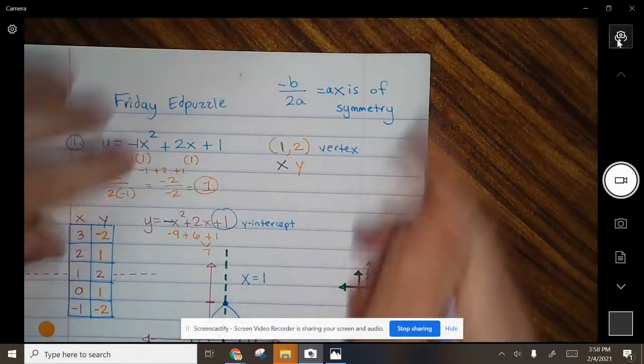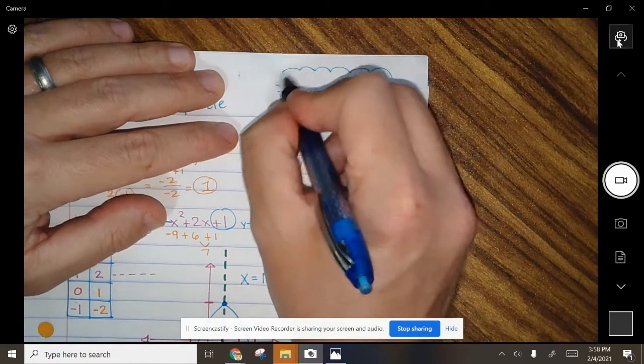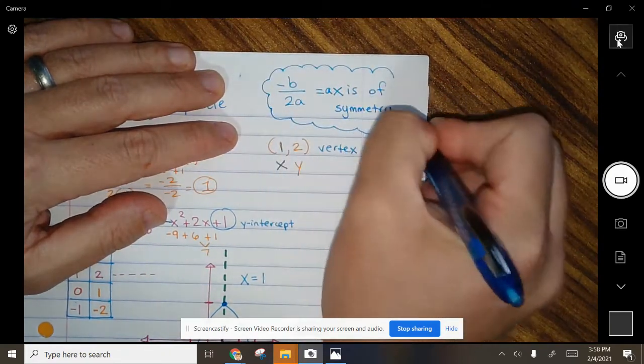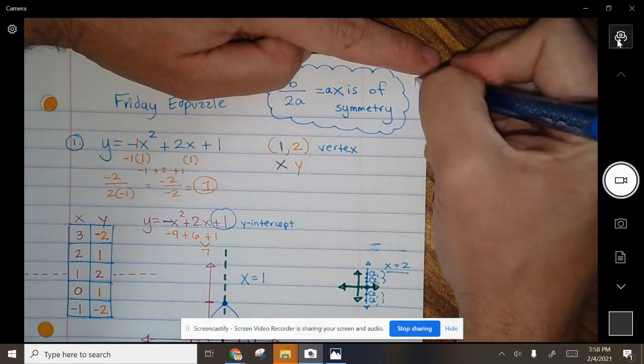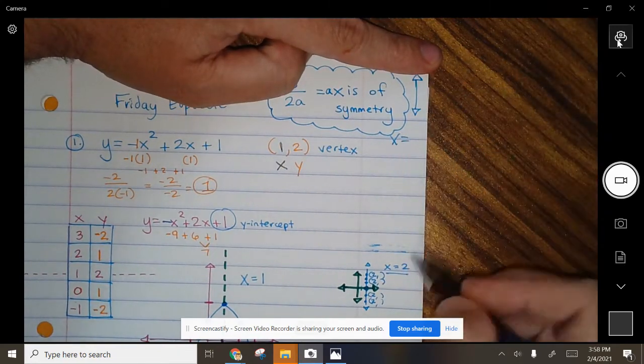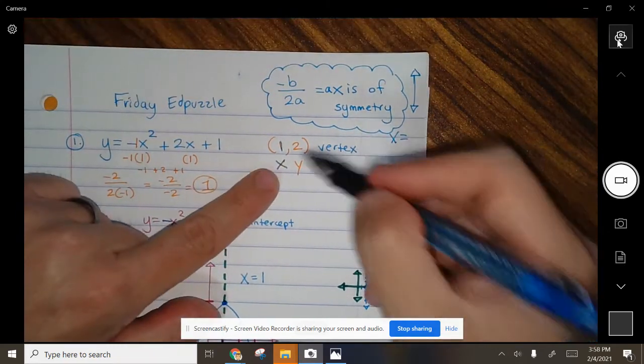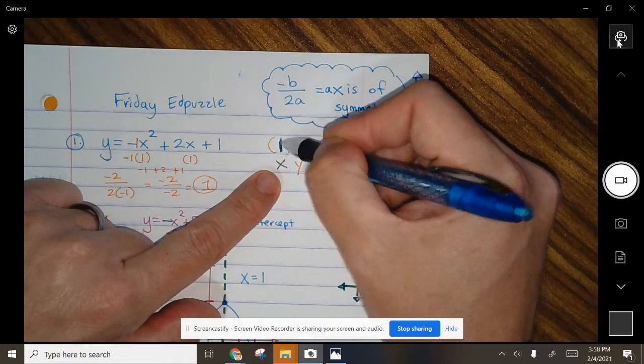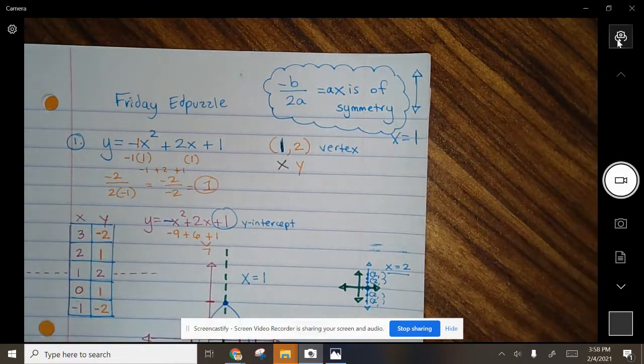And that's the new vocabulary word. The axis of symmetry, which is always going to be straight up and down. It's always going to be x equals something, just like this graph would be. And for this one, the axis of symmetry, when we do the formula, we got x equals 1.